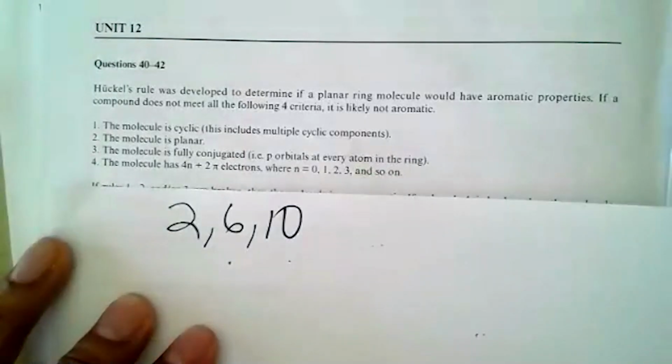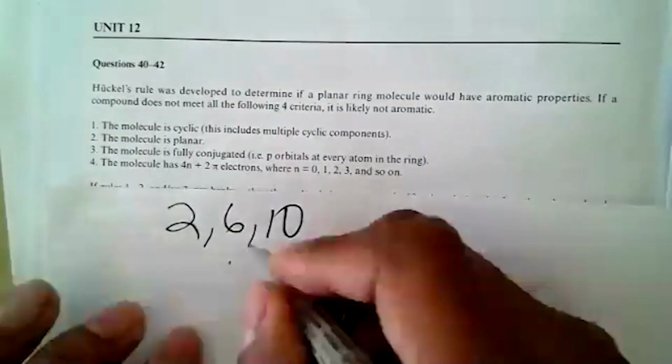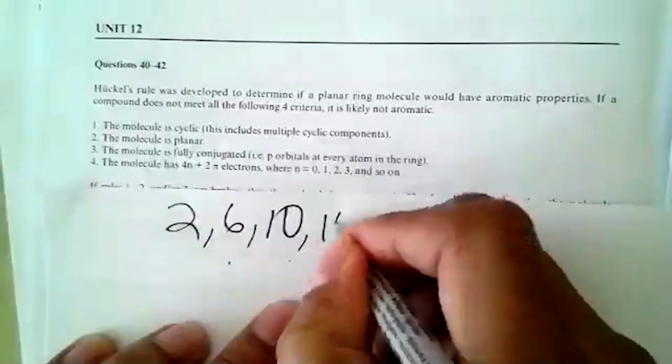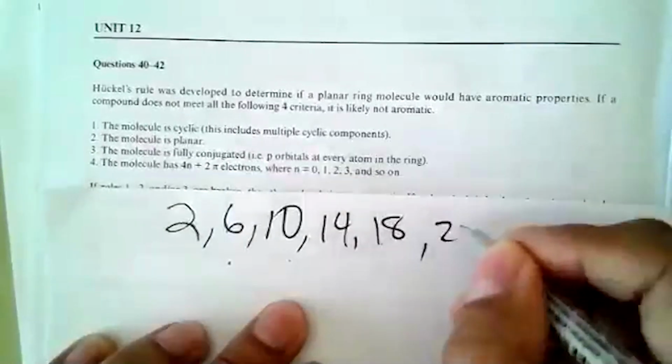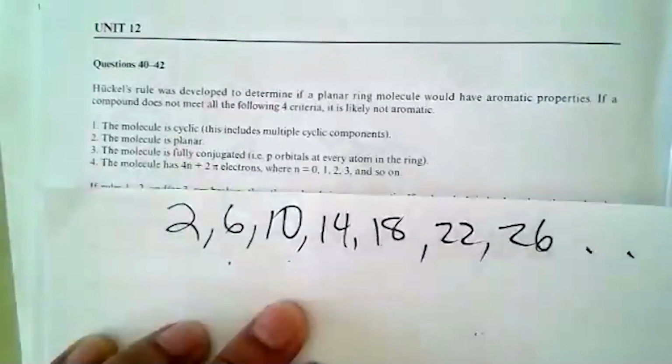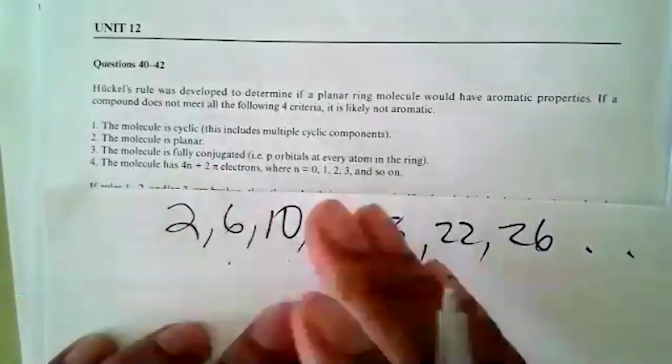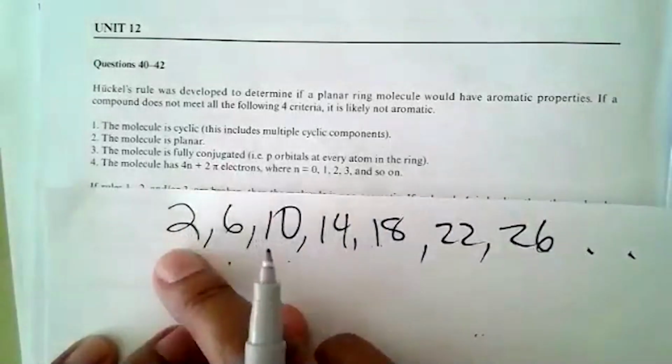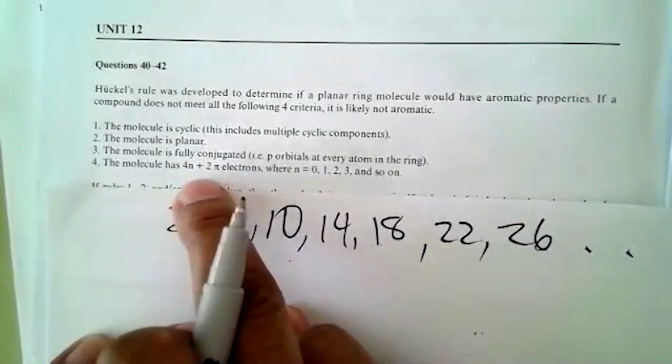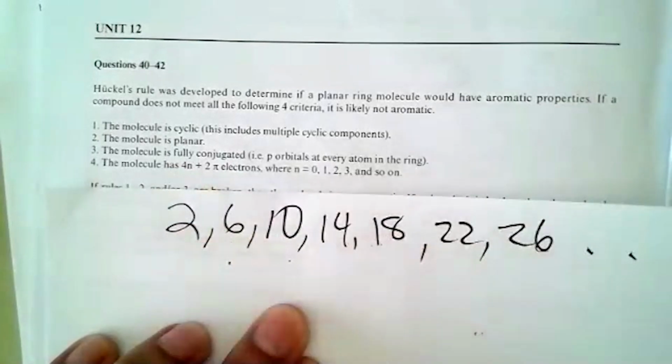Let's hope you see the pattern. They're adding 4, so this is 14, 18, 22, 26, and so on. So it's all in steps of 4, starting with the number 2. That equation is simplifying these types of relationships, and it goes on forever.